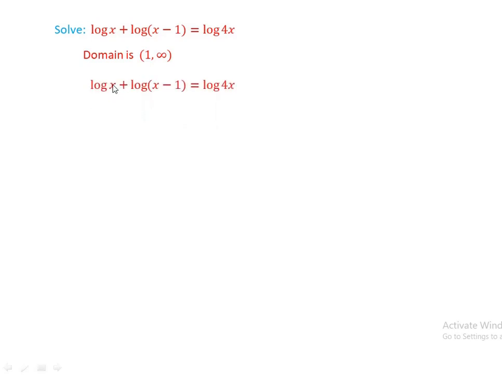Log of x plus log of x minus 1 is equal to log of 4x. Now we apply the properties of logarithmic functions. One of the properties says that log of u times v in base b is the same as log of u in base b plus log of v in base b, or log of u plus log of v is the same as log of u times v in base b.